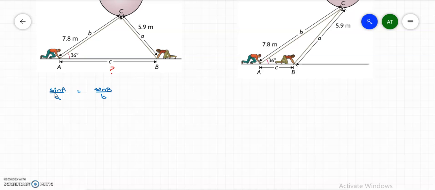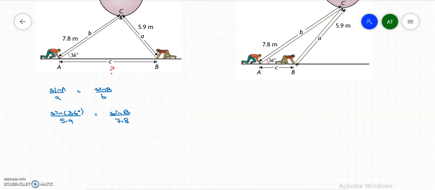Let me substitute all the values one by one. Sine of angle A, which is 36 degrees, over side a, which is 5.9 meters, equals sine of B, which we need to figure out, over side b, which is 7.8 meters.